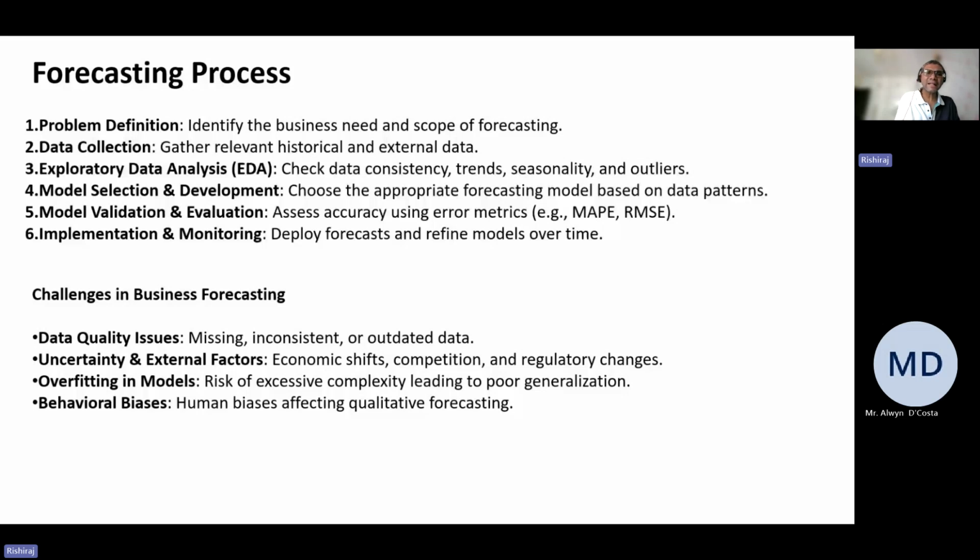So a lot of missing, inconsistent, outdated data may be there. In a lot of cases, the consumer research data is not validated. Sometimes they are inconsistent from one response to another. So we have to face those data quality issues and clean the data as much as possible.